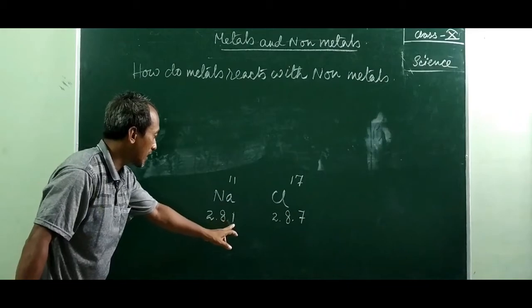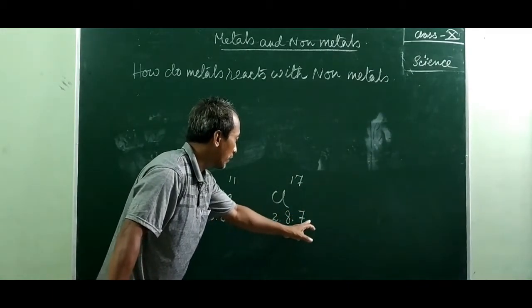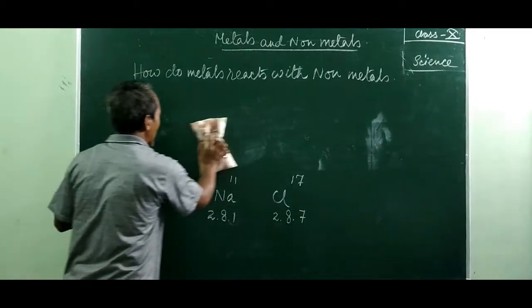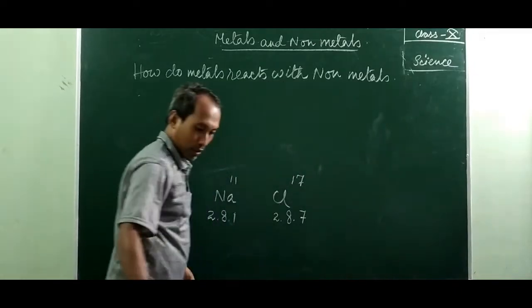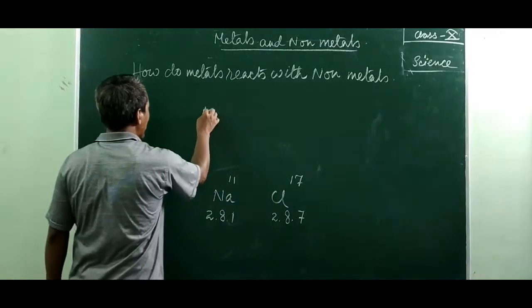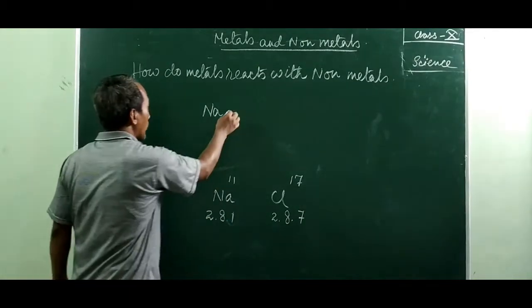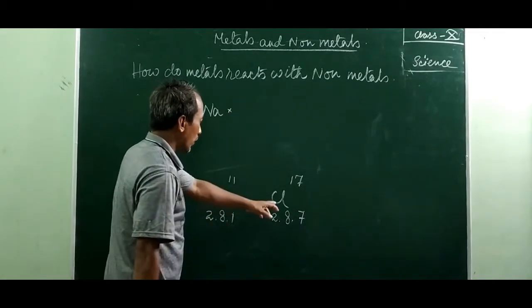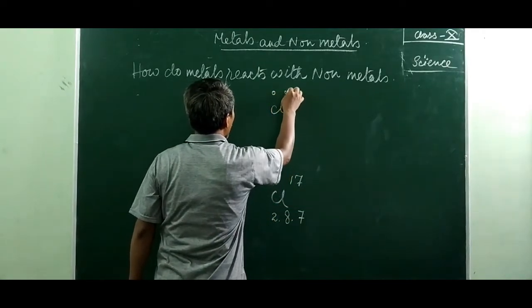That is, this electron is called a valence electron, and this electron is called a valence electron. So we will represent only the valence electrons in the diagram. Sodium has how many valence electrons? 1. So we will represent it as a cross. Chlorine has how many electrons? 7 electrons. We will represent them as dots.